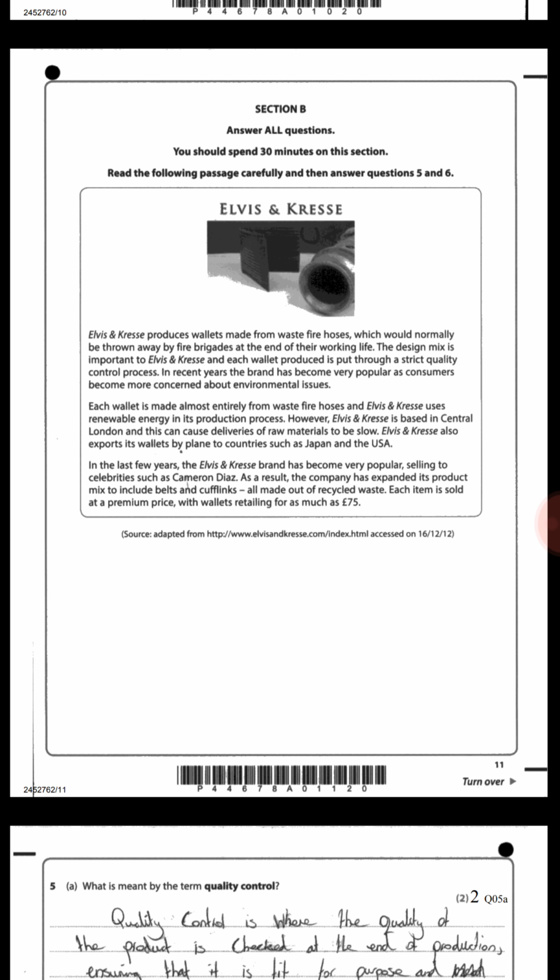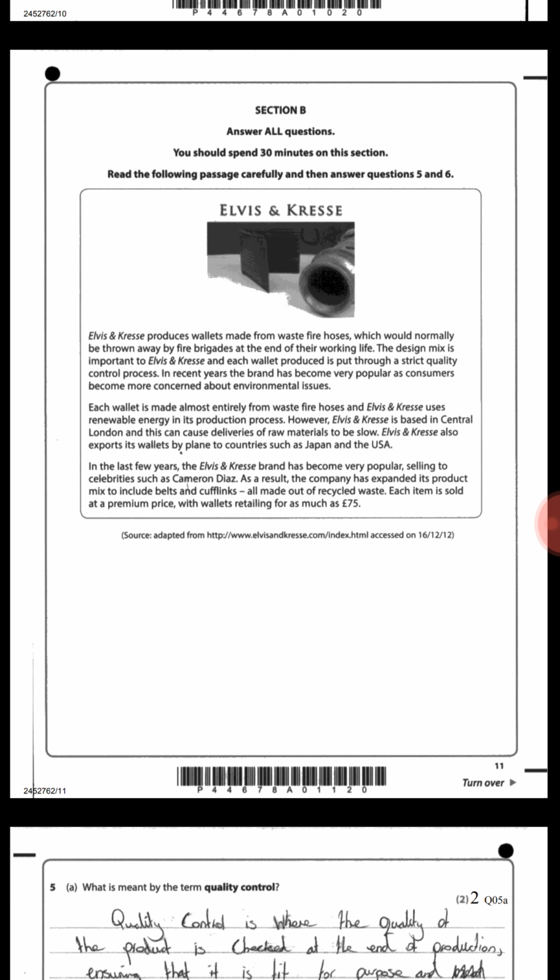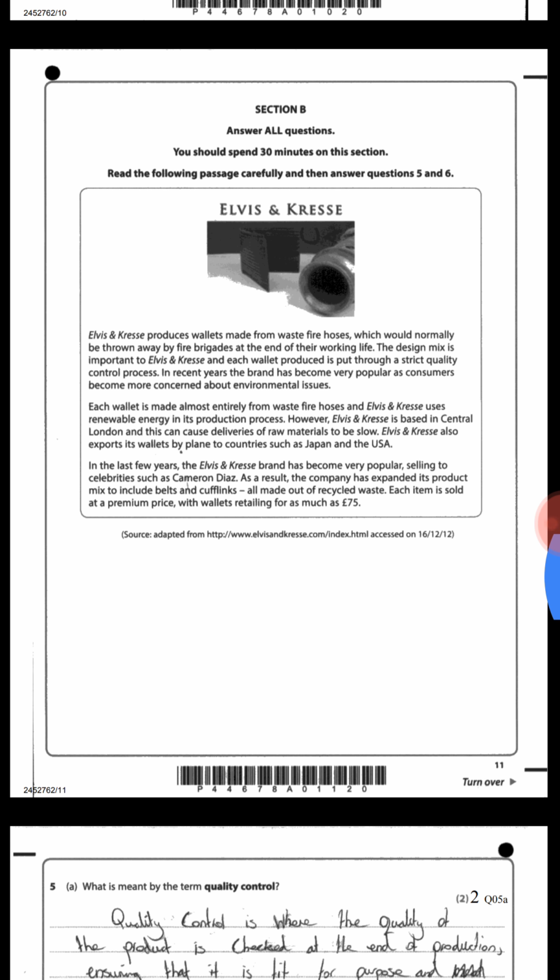Each wallet is made almost entirely from waste fire hoses, and Elvis and Cress uses renewable energy in its production process. However, Elvis and Cress is based in central London, and this can cause deliveries of raw materials to be slow. Elvis and Cress also exports its wallets by plane to countries such as Japan and the USA.